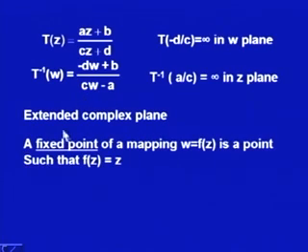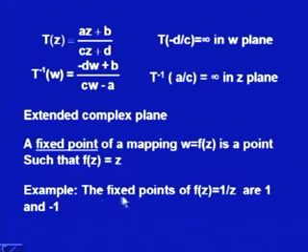Then we define a fixed point of a mapping. A fixed point of a mapping W equal to f(z) is a point such that f(z) is equal to z. An example: the fixed points of f(z) equal to 1 over z are 1 and minus 1, and this definition suggests that 1 will map to 1 and minus 1 will map to minus 1 under this transformation.